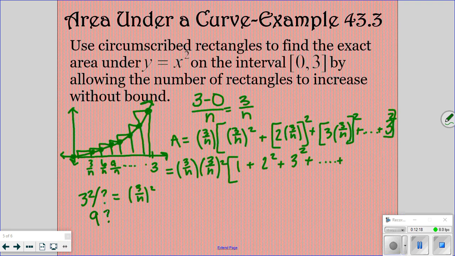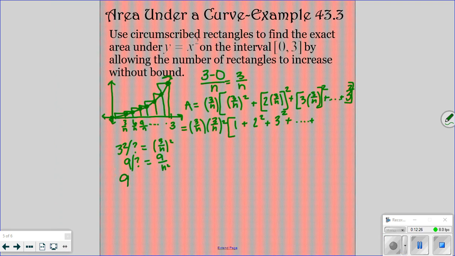So if we divide what out, are we going to get 9 over n squared? So we had 9, and we divided by what to get 9 over n squared? Because that's what 3 over n squared is. Well, you'll see that if you just divide by n squared, you end up with 9 over n squared. So this term, when we pull out the 3 over n squared, we're just going to be left with n squared. So that's kind of how you can figure out what you're left with.